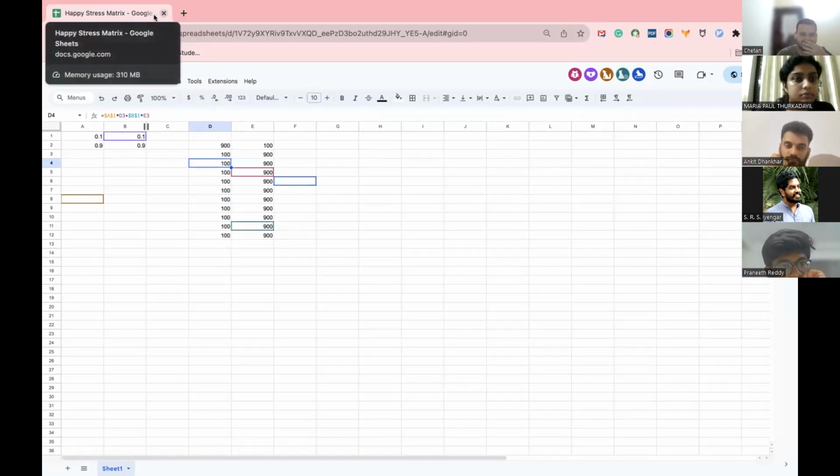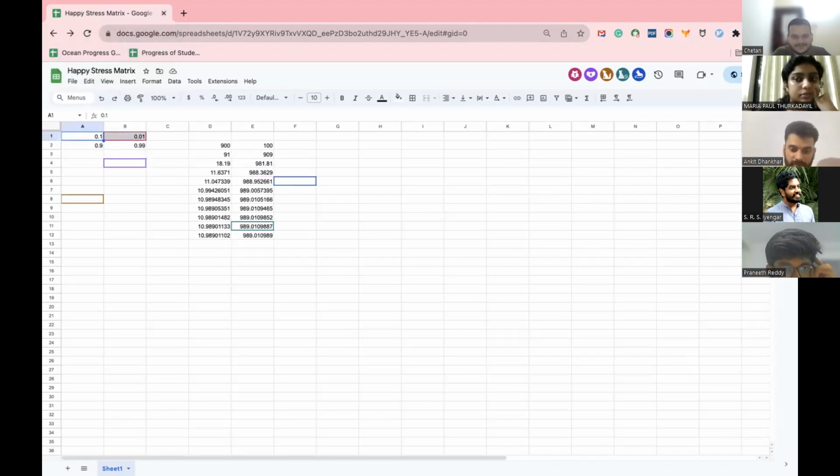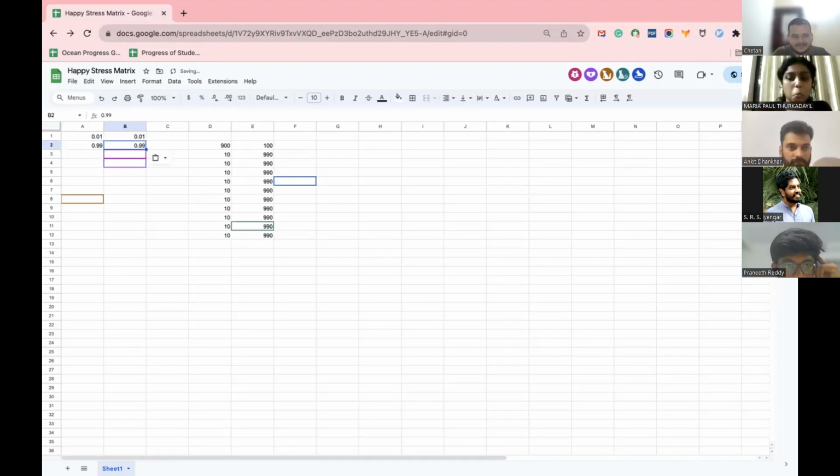Okay, sorry, make it 0.01 and 0.99. One moment. So if we make both the vectors the same, it's basically collapsing to a line, right? In that case.